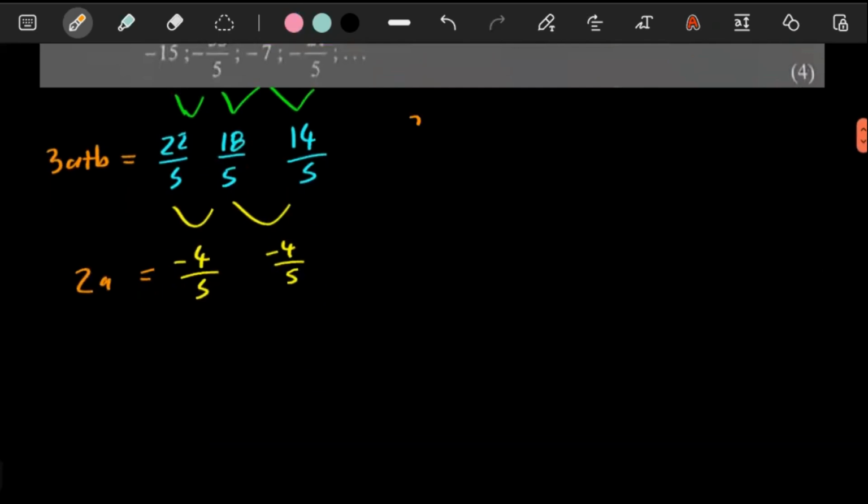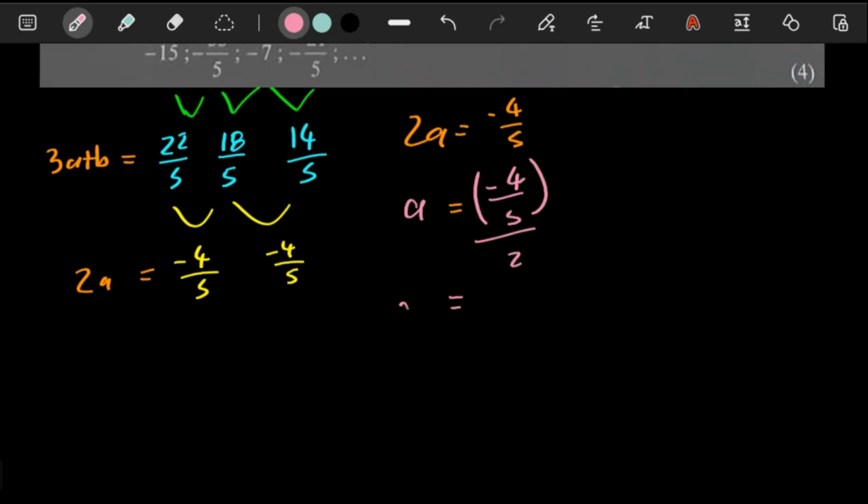Here 2a is equal to negative 4 over 5, so a is this number divided by 2. Our a value is negative 4 over 10, which is negative 2 over 5. And then our b value, let's see what we're going to get there.